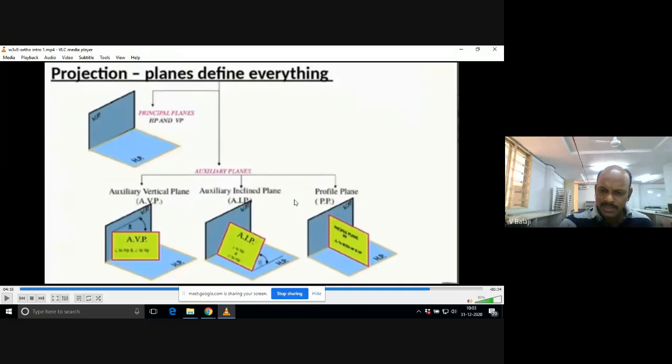Anyway, these are reference planes. We will draw the front view on VP, top view on HP, side view on PP. Some other special views, that is true shape, I will discuss later. Some other views are on AIP and AVP.